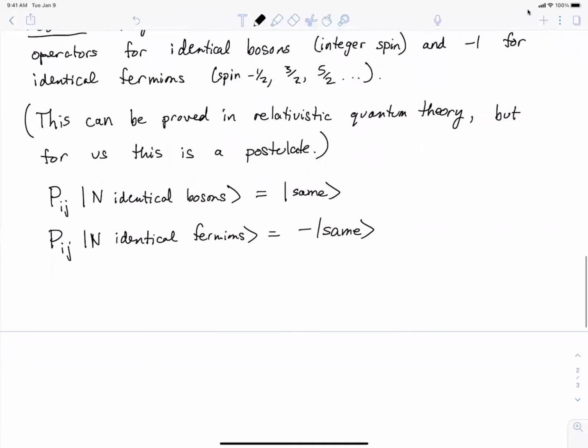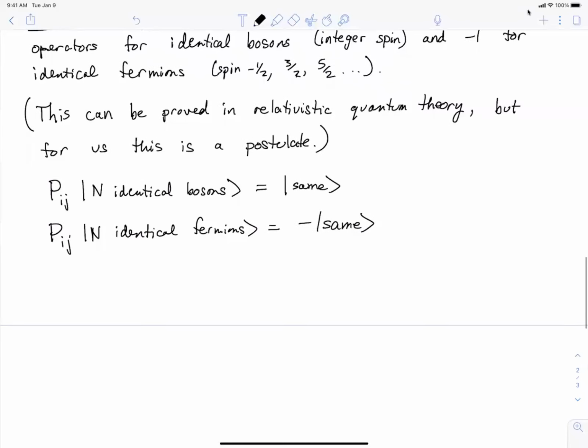This is a constraint that you have to impose on would-be states. So if I give you a ket and ask, is it a physical state, and it doesn't obey this, then you throw it away. It's mathematically an okay ket, but physically it's not acceptable. So this completely eliminates the would-be exchange degeneracy, which is a mathematical degeneracy, but not a physical one.